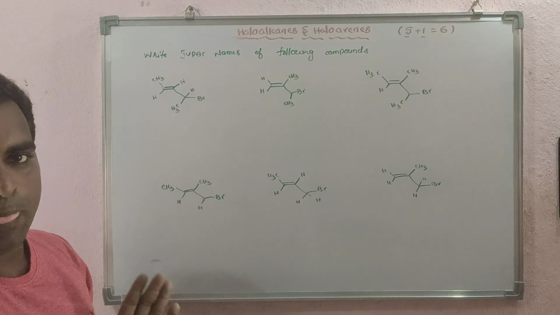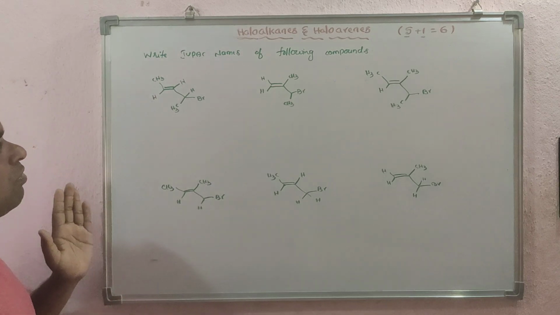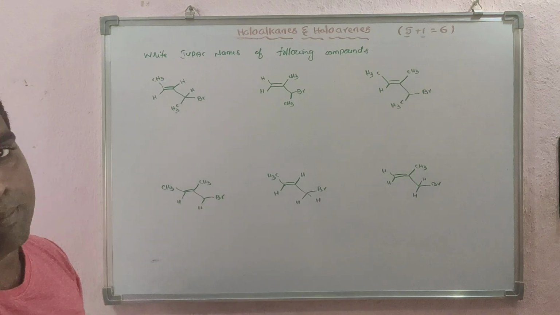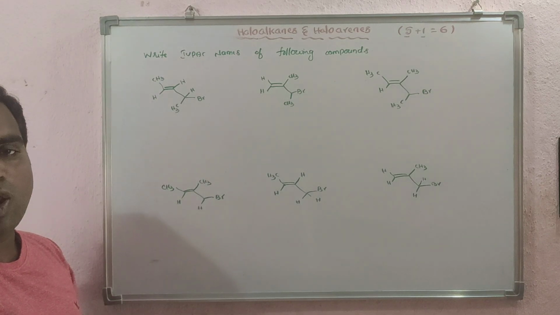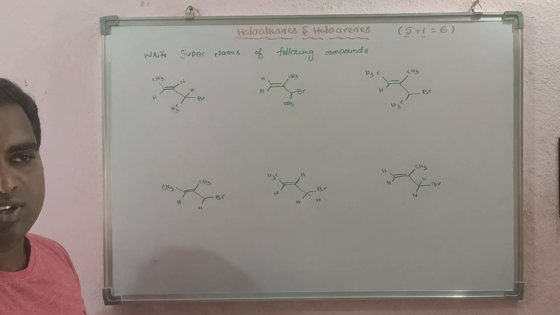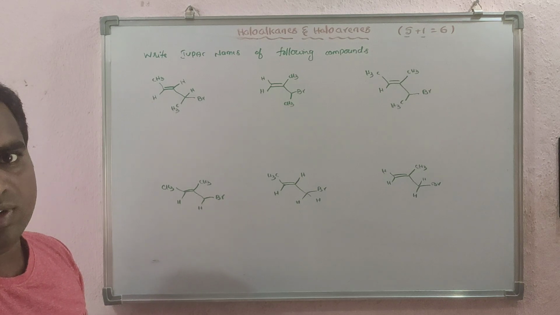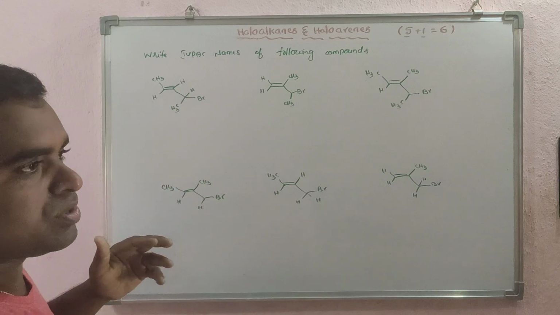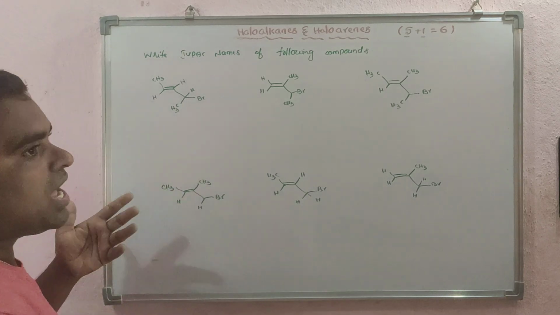Double bond. Clear? Now, while you are writing the IUPAC name of any compound, first you have to select the longest carbon chain that should include the double bond. The double bond should be included in that longest carbon chain. In that way you have to select the longest carbon chain or parent chain.